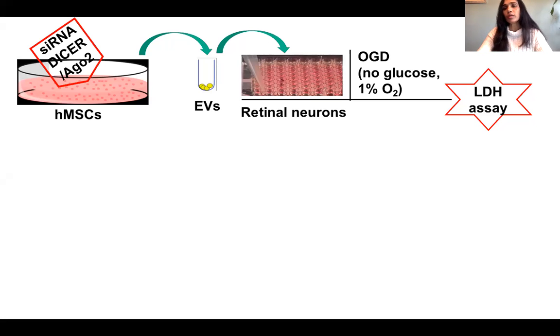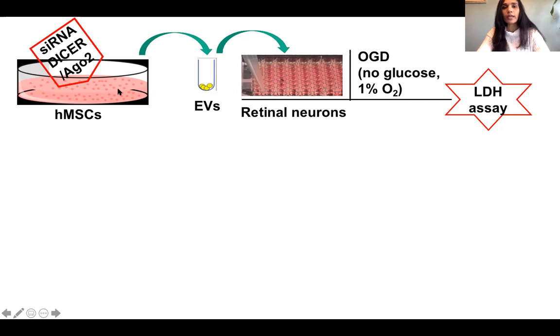There was research that already pointed towards microRNAs being the entities rendering this functionality to EVs. To confirm that, we silenced 2 genes, dicer and ago2. These are 2 genes which are involved in the biogenesis of precursors for miRs. So using silencing RNA for these 2 genes, we silenced them in mesenchymal stem cells.